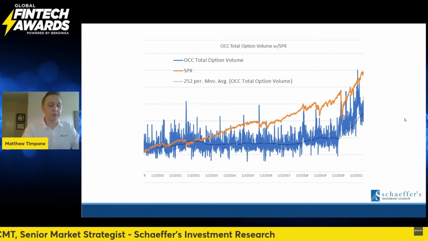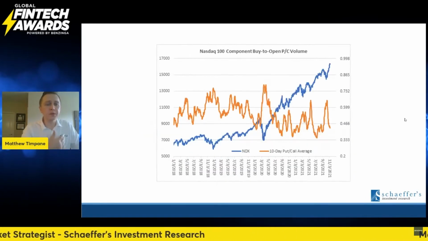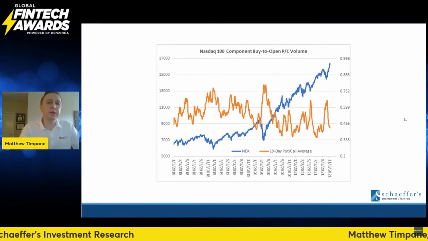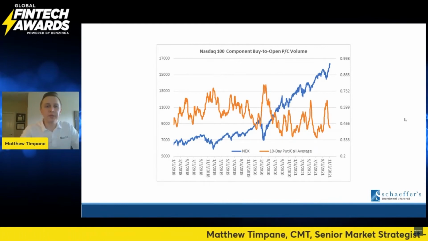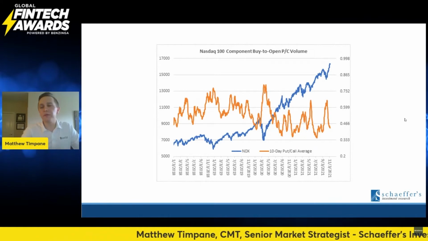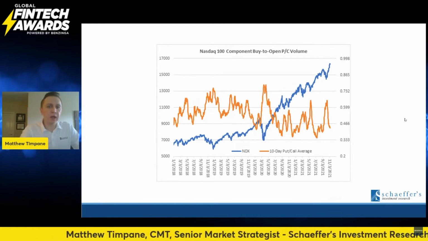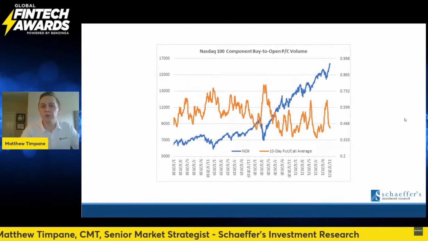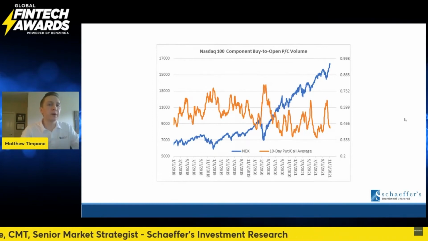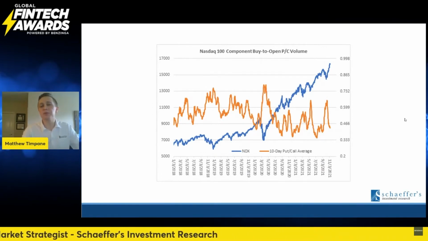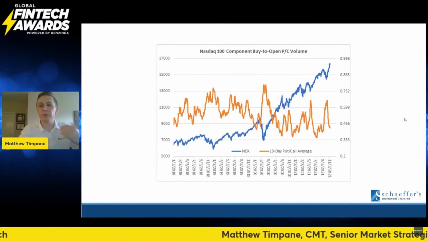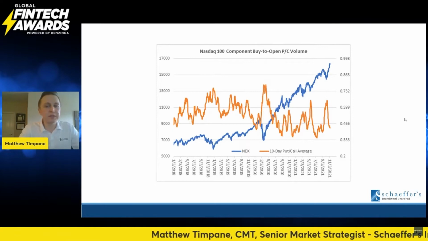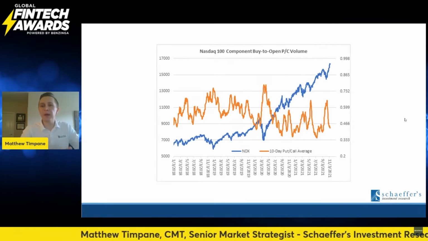Another thing that we do that's maybe a little different than other places is we look at put call volume ratios in unique ways. This is the NASDAQ 100 components' buy to open put call volume ratio. So what we're doing is we're actually looking at the components, not the index itself. They are coming off a 7-year low where they ripped up to a 17-month high, and now they have obviously come back.